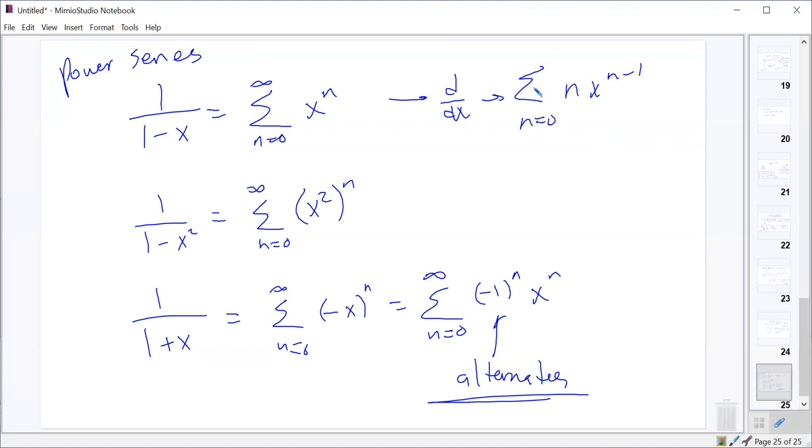We'd go not from n equals 0 anymore, but from n equals 1 to infinity, because if we started at 0 that would give a negative exponent. And so this should be the series for the derivative of 1 over 1 minus x.